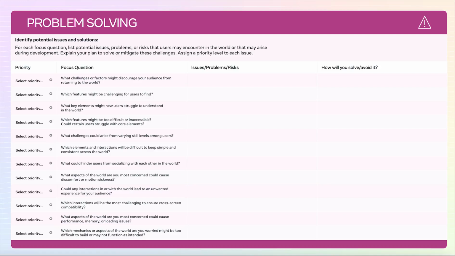The next step is about problem solving, which is really the most important, crucial part of this process. If there is any really bad issue or problem with the world, it can easily distract users from the awesome things you have built in there.